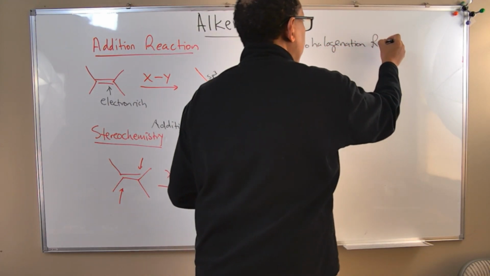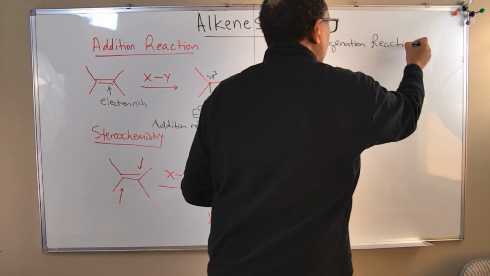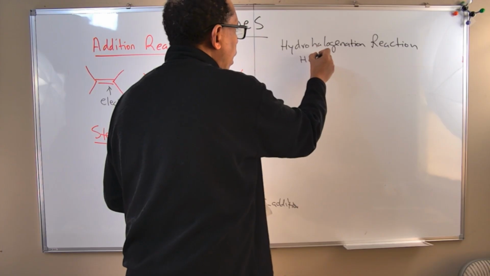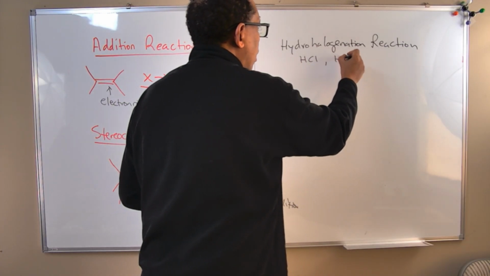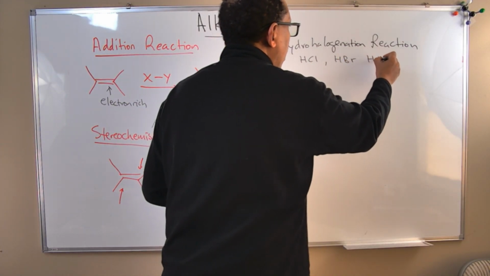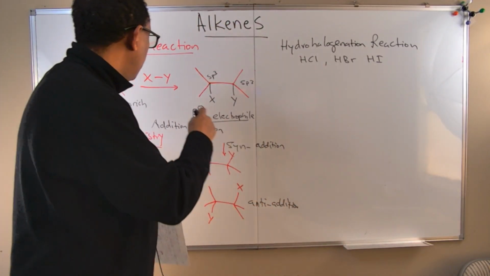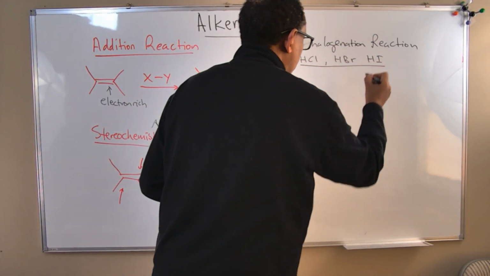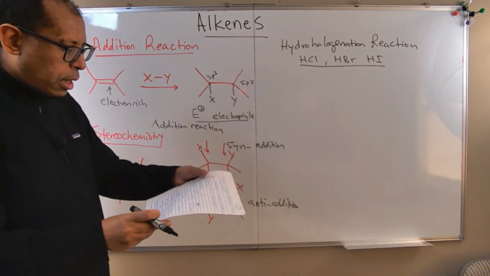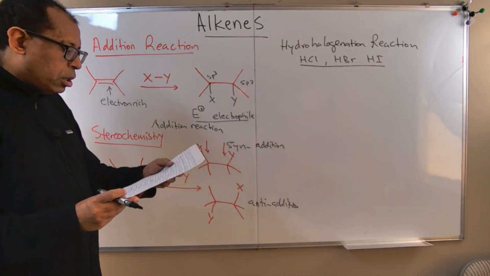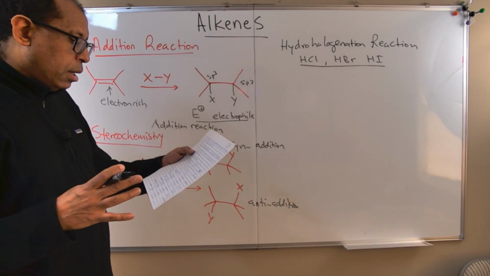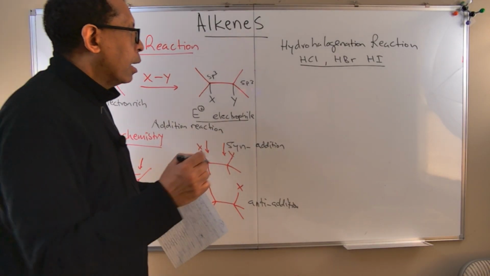This is one of the addition reactions. When we say hydrohalogenation, we are adding HCl, HBr, HI, and so on. So in place of XY, now you could see these groups, HCl, HBr, HI. The addition of this hydrohalogenation would form an alkyl halide.